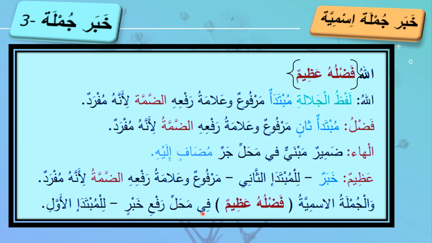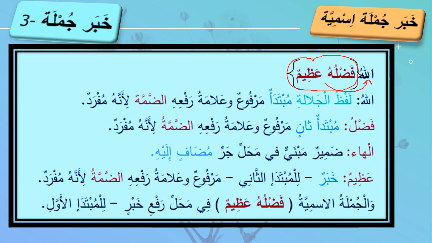So this is a new type of i'rab, and that's how you give your i'rab for khabar jumla ismiya. Lil mubtada awwal. The whole sentence is a khabar for lafzul jalala.